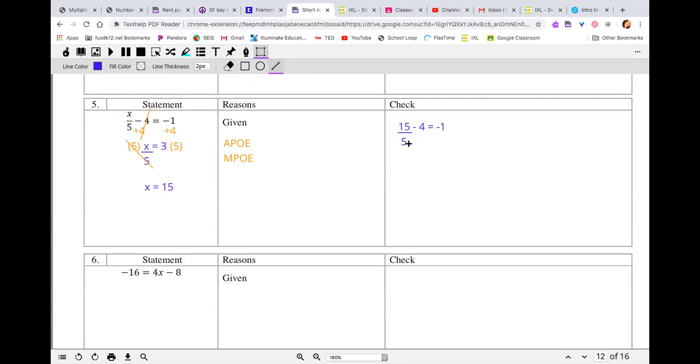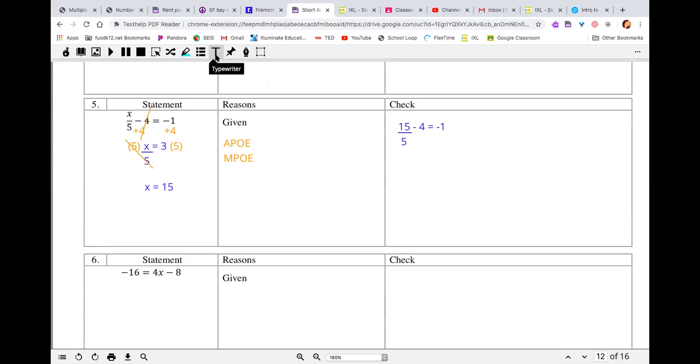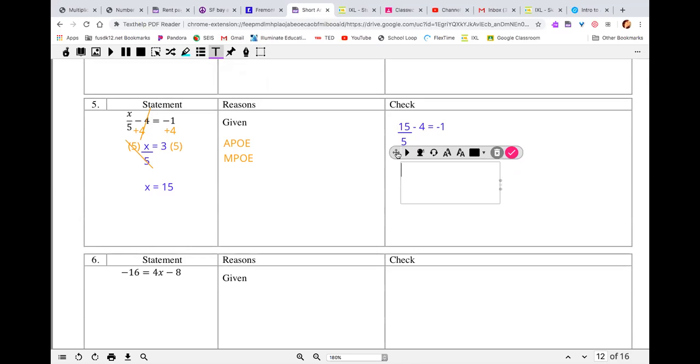So 15 divided by 5 minus 4 equals -1. What do I do next? Am I doing 15 minus 4 or am I doing 15 divided by 5? 15 divided by 5. And 15 divided by 5 is?